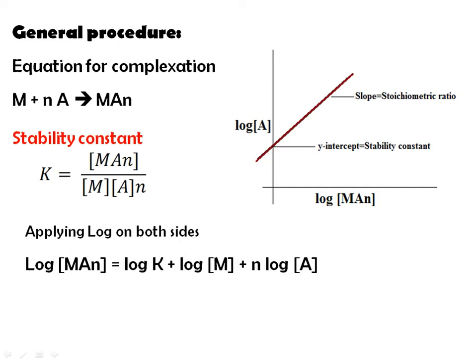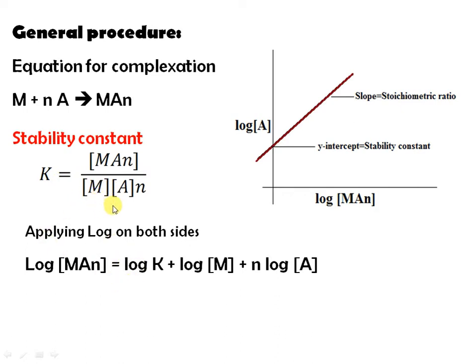When you apply log to both sides, your equation will become log MAN is equal to log K. Then you can multiply this term with K when you rearrange this equation.